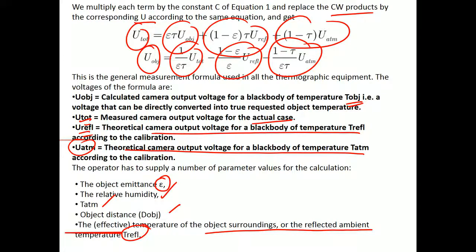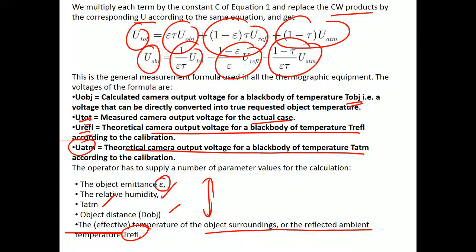If you give all these terms, we can calculate the temperature. Once you are able to isolate the camera output voltage using these parameters, most of these things are readily available, because object emittance you can measure beforehand. The relative humidity is already given, T atmosphere is known in the environment you are working in, and the object distance is also known.